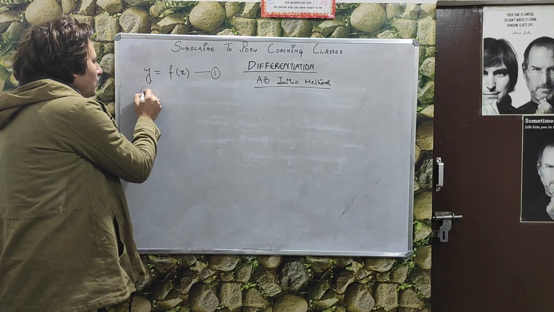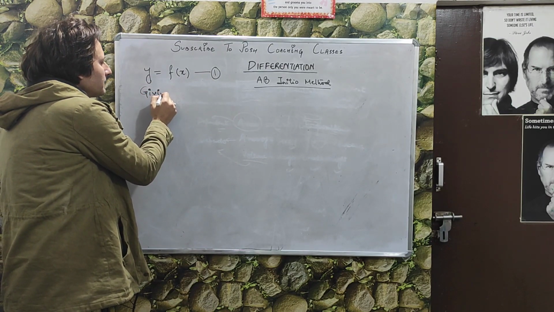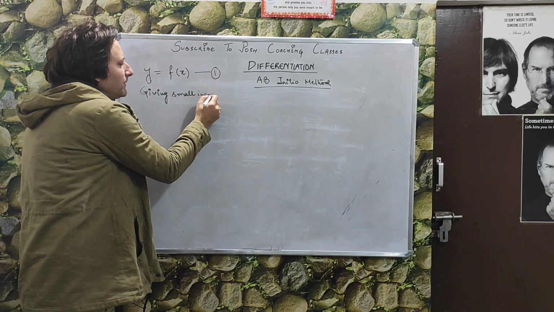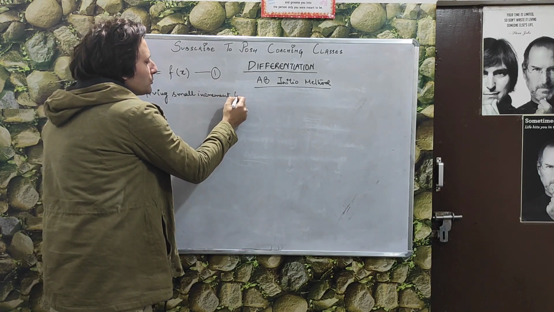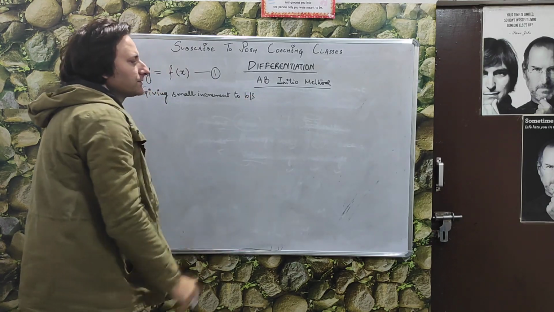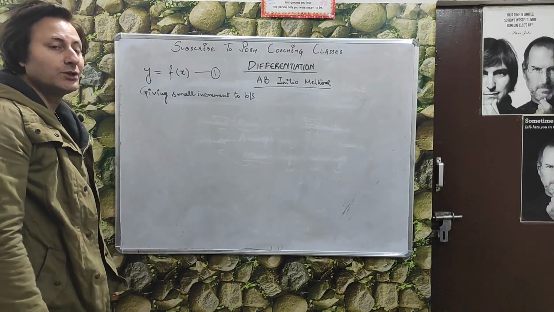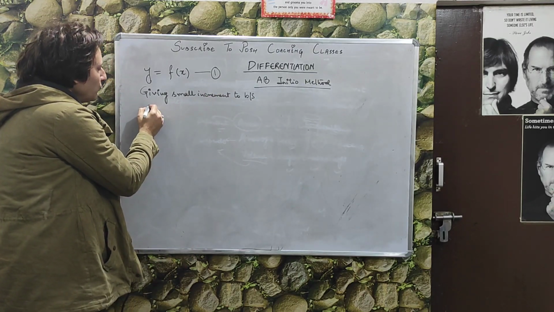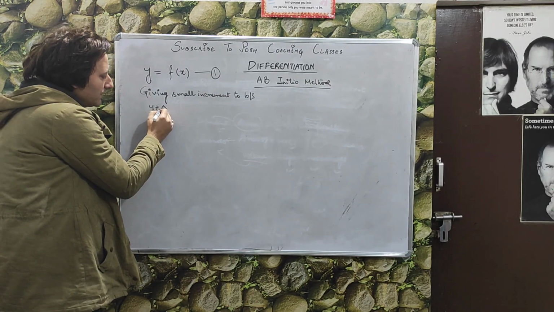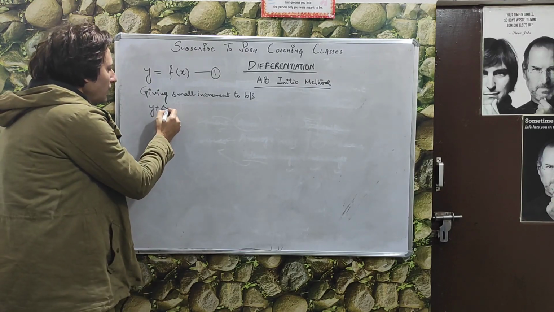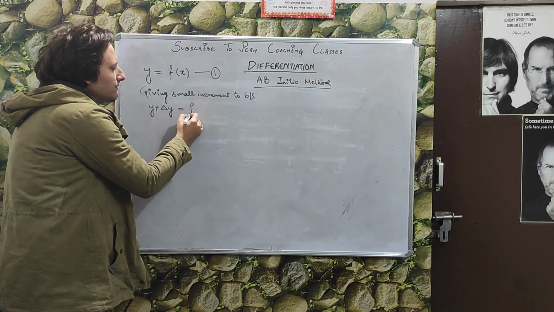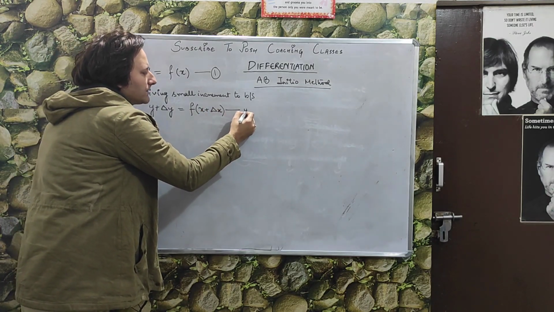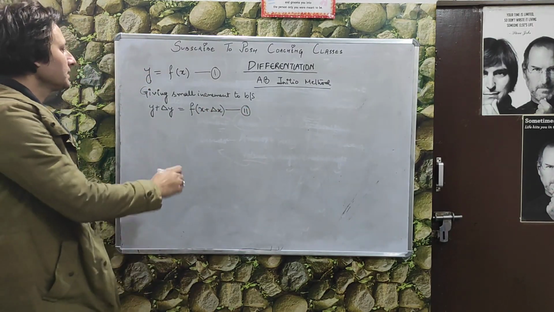Now what I'll say is, giving a small increment to both sides. And I just told you that when it comes to small increments, we show it with the delta. So y plus delta y is f of x plus delta x. This I will put as second.